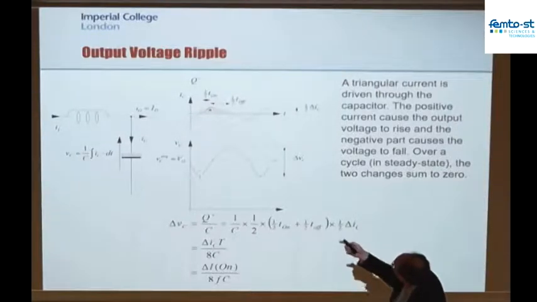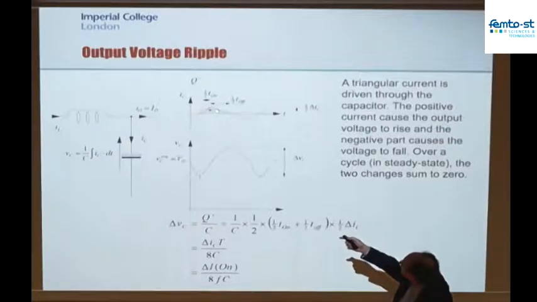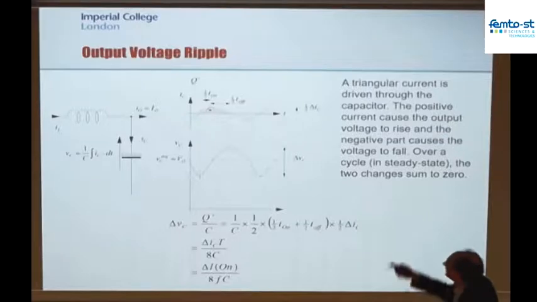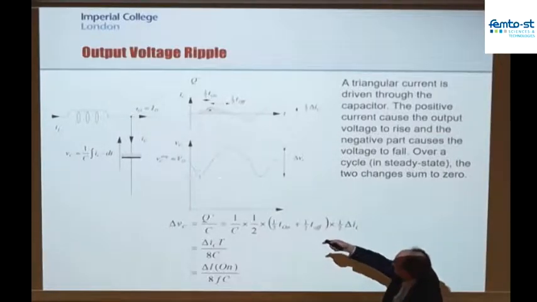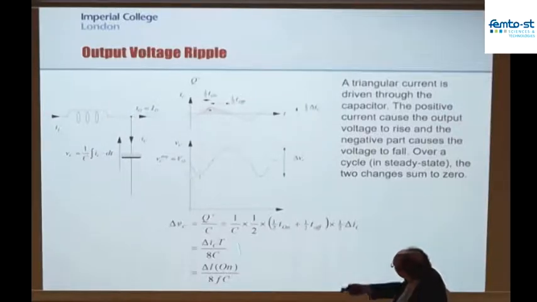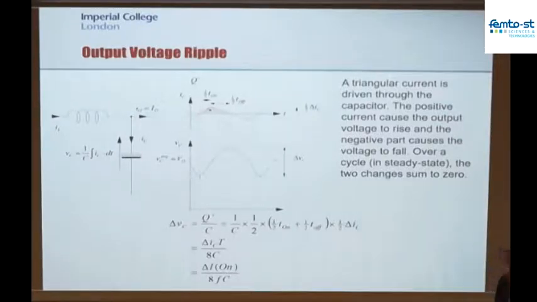Okay, so we can basically integrate the total amount of charge that gets pushed in and taken out of that capacitor, that area there, integrate that on that capacitor and find out what the voltage of that capacitor looks like. If it's a pure capacitor, it will look something like this. So we can fairly easily, by integrating that, find the total amount of voltage ripple that we expect to see on this type of power supply.